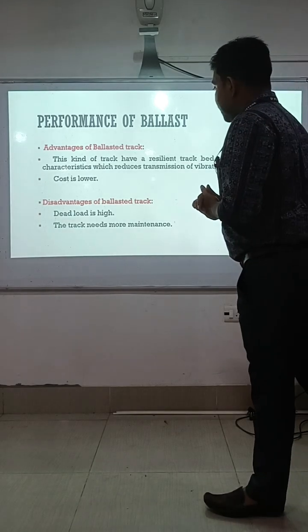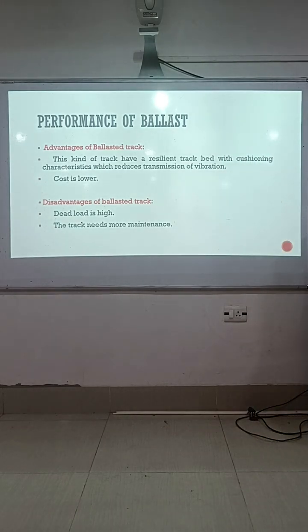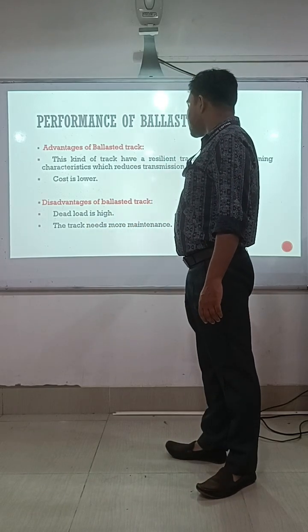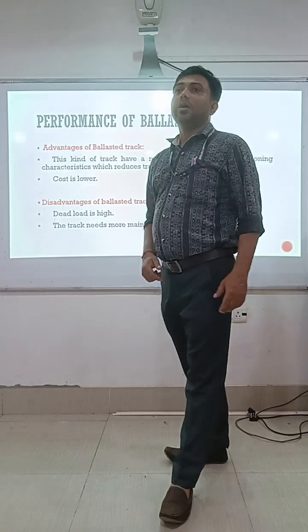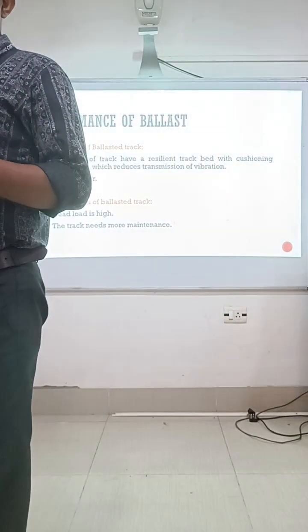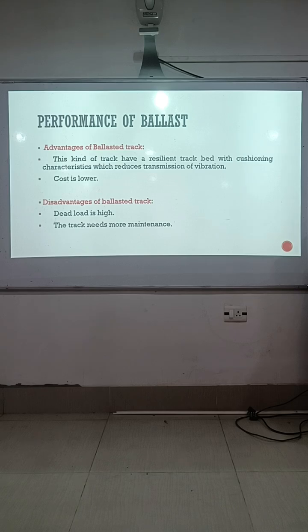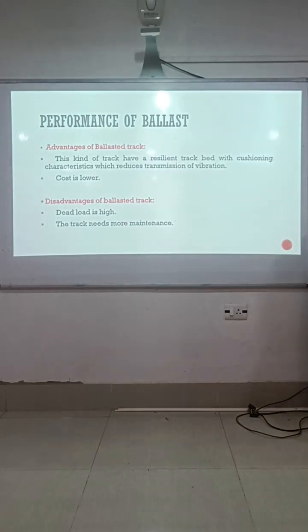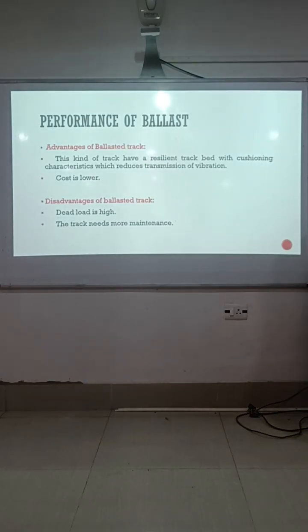the cost is lower for the construction of tracks, but as I have previously said, the maintenance cost is high, because due to regular and continuous vibration and friction between the individual ballasts, and the friction between the tracks, wheels and the ballast, the ballast will be broken, and when the size of the ballast is reduced, the cushioning characteristics will also be reduced.